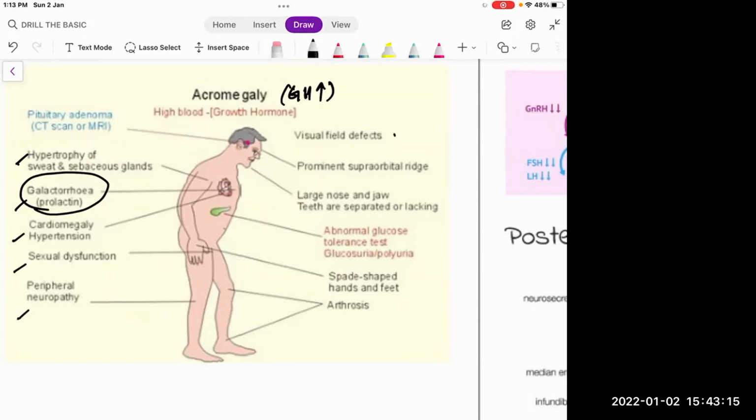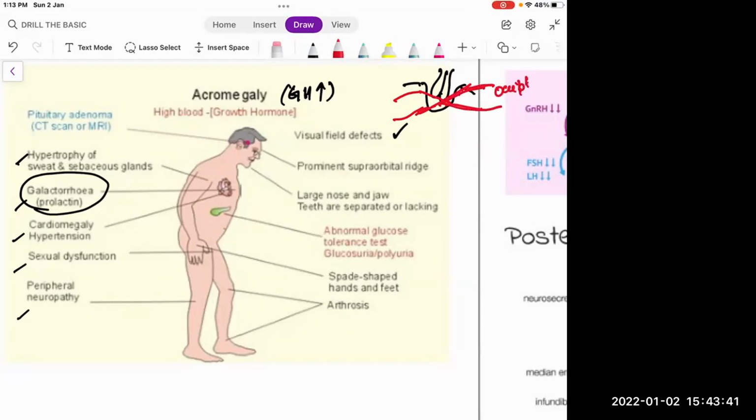Visual field defects. Why visual field defects? Because, as you have seen, the pituitary gland is located in the brain at the portion of the sella turcica. That is the region where the optic chiasma crosses, at the region of the pituitary gland, on the way to the occipital lobe.